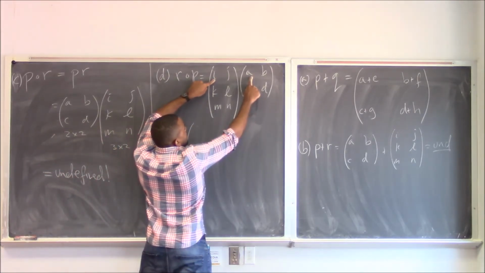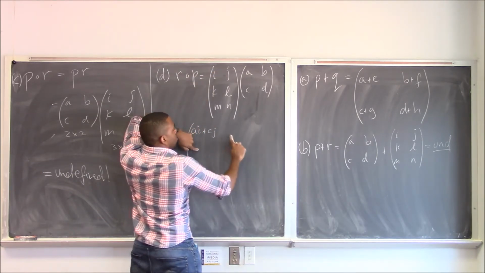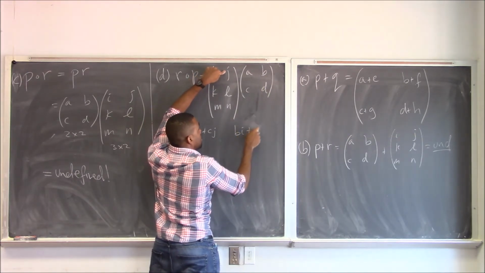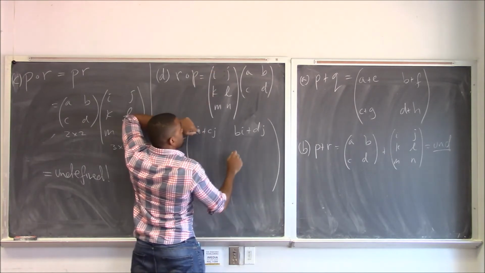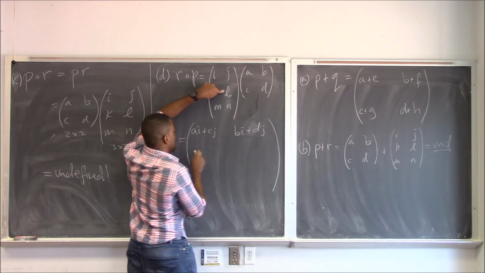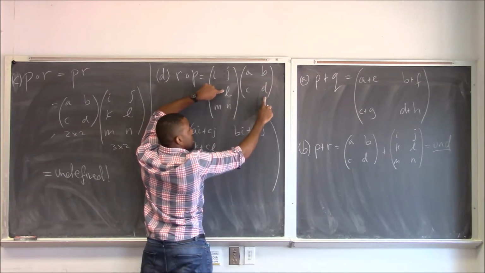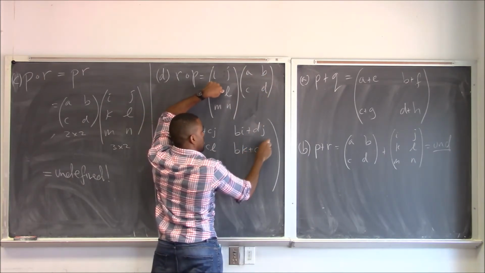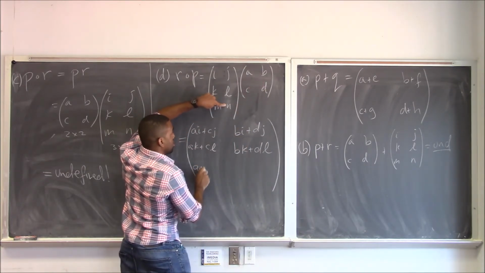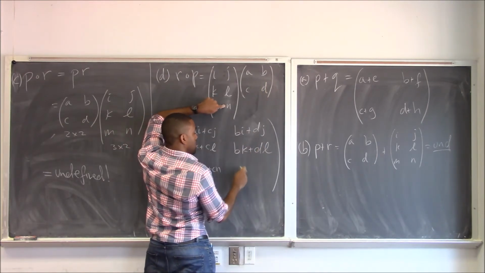If I take A times I plus C times J, over here, I'm going to take B times I plus D times J. Then for the second row, I'm going to take A times K plus C times L. Then I'm going to take B times K plus D times L. Now I'm going to take A times M plus C times N. Then I'm going to take B times M plus D times N.